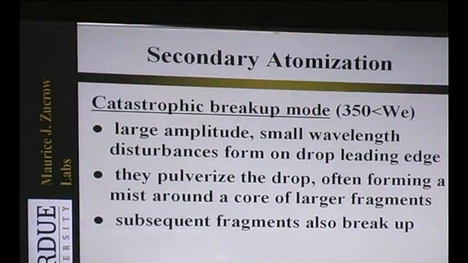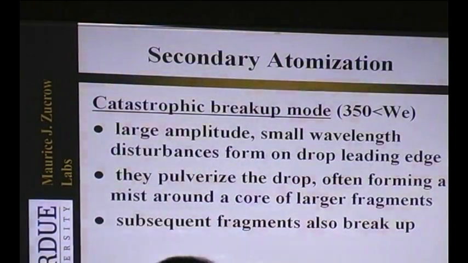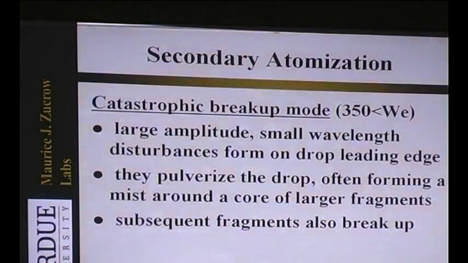Finally, there is the so-called catastrophic breakup mode. This mode has been investigated significantly by the late, for heaven's sakes, late Dan Beaver, who had a very high Reynolds number, high Weber number shock tube at the University of Minnesota.